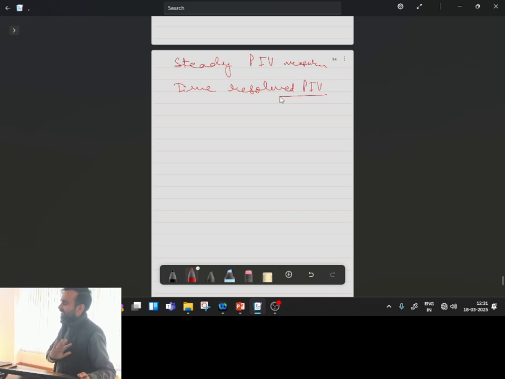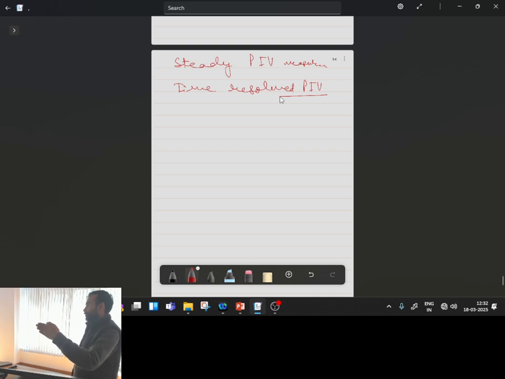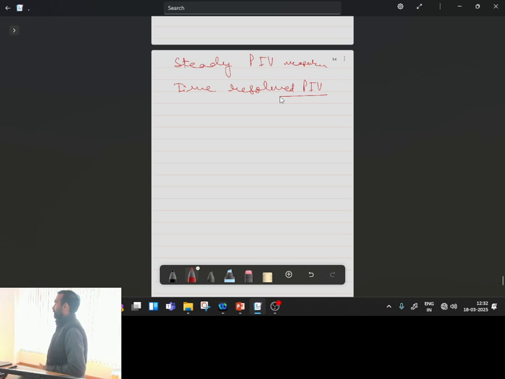Because in steady scenario, there will not be much random fluctuation, and the plane is selected in such a way that in the transverse direction there should not be any particle movement. So particularly for steady PIV this will be true, because in steady flow, if we have assumed the frame so that transverse flow is not taking place, then the particle will move only in the parallel plane.